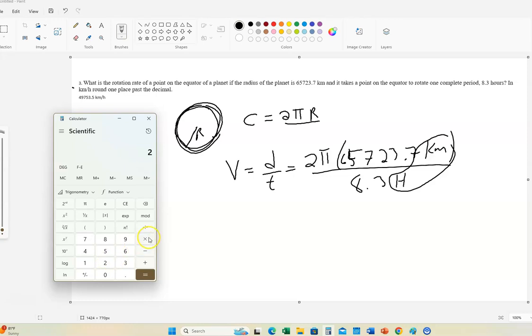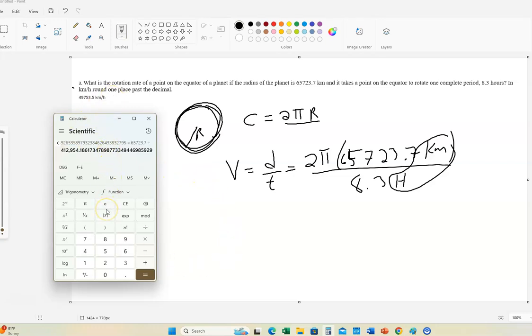It's going to be 2 times pi, times 65,723.7, the radius of the planet, and then we divide that by 8.3 hours, since it takes a point on the equator 8.3 hours to rotate around once.